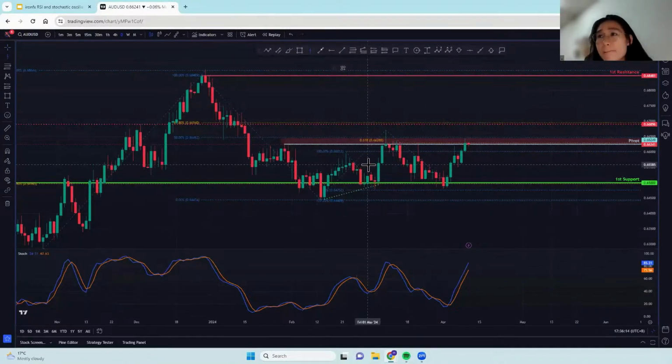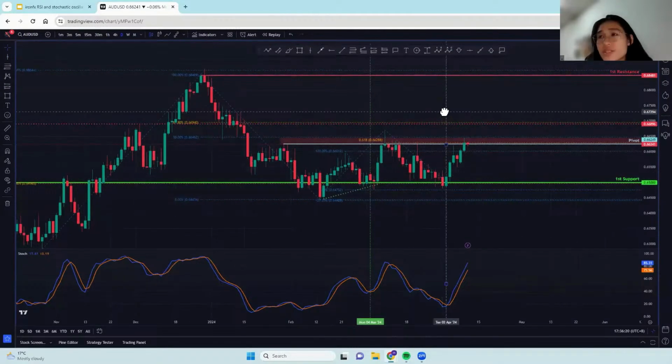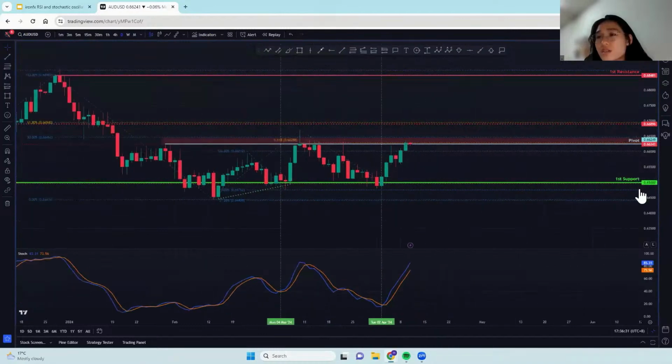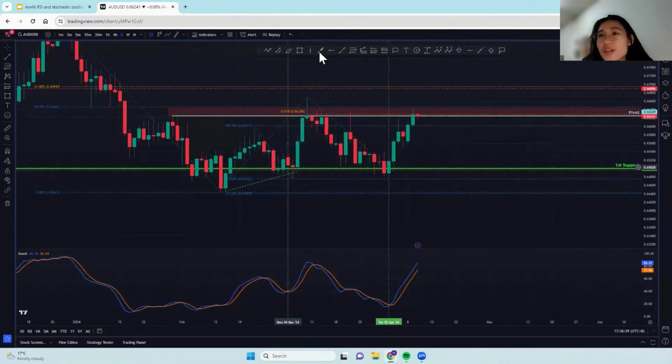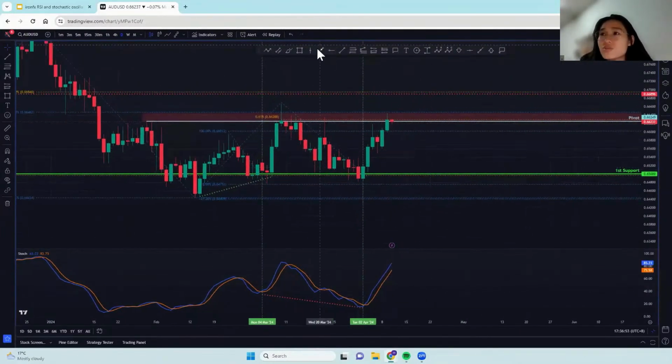So between these 2 points, price has made a slightly lower low, moving in this first support, whereas over here on our stochastic, we can see a very sharp difference. Price is definitely making a lower low, so this could suggest that price is going to continue to drop down here.